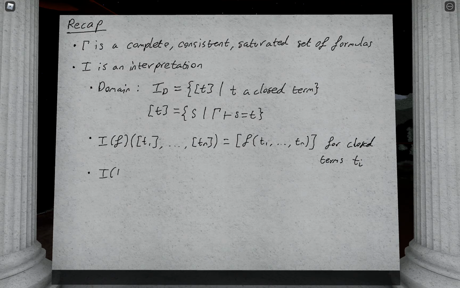And finally, I interpreted the relation symbols, which just say what's true about objects, such that, again, if you take any equivalence classes of closed terms and apply the interpretation of this relation symbol to them, that is true, or is equal to 1, if and only if this formula is in the set gamma.